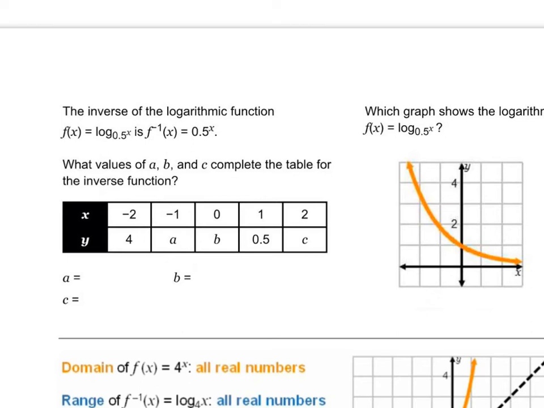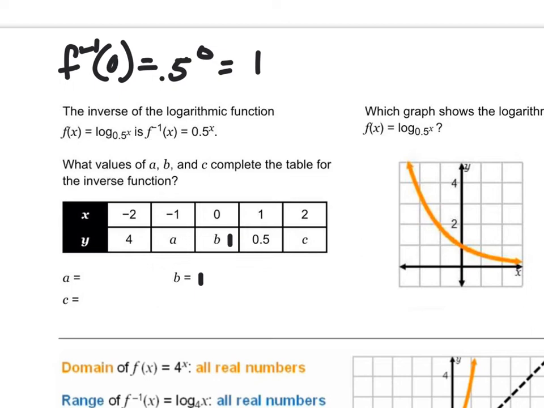It's just asking, if you've got this log function, what's the inverse going to be? What's going to happen when you plug in 0 into your inverse function? If you do f inverse of 0, that's going to be 0.5 to the 0 power. That's going to give you 1. So b is equal to 1.